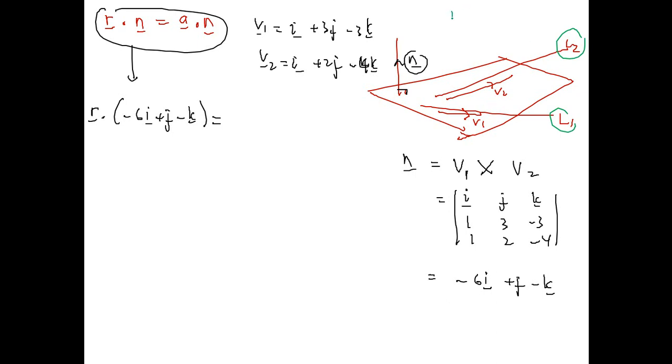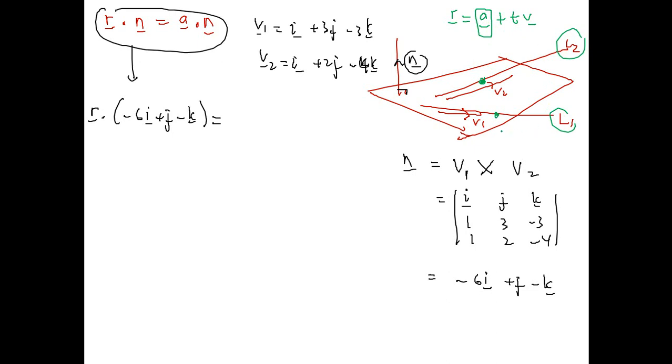The formula for the vector equation of a line is A plus TV, where A is a point which lies on the line. That means this point also lies on the plane. You can take A from L2 or A from L1.